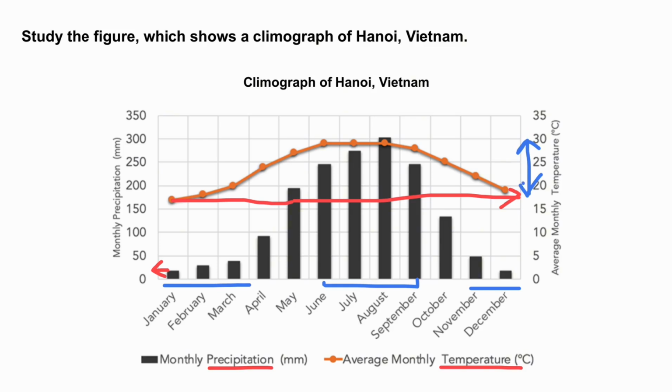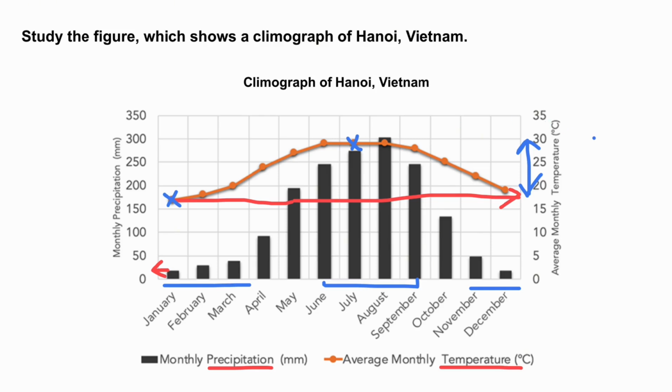The temperature range means you take the highest point minus the lowest temperature that you see. So this is about 10 degrees Celsius. Another thing you can take note of is, if you average all the temperatures, you take the data points for every single month and divide by 12, that would give you your average temperature across the year.